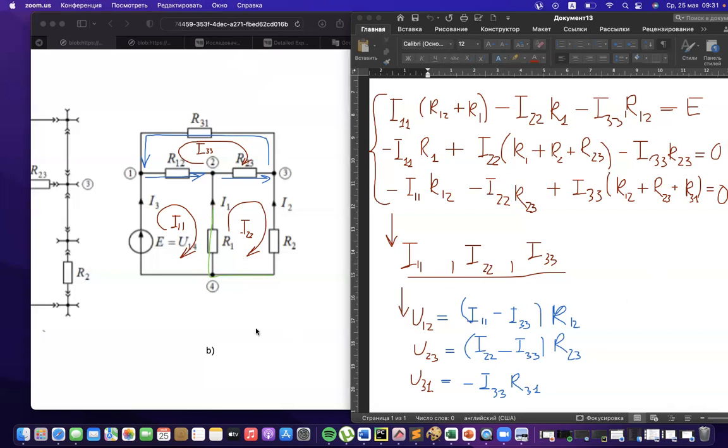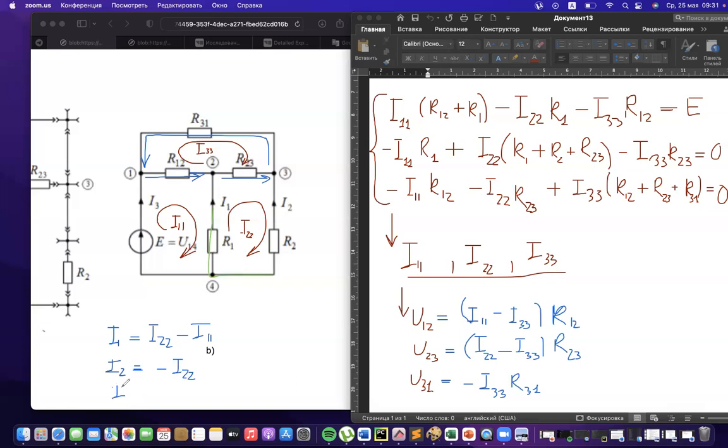The same for currents. You could get current I1 as I22 minus I11. Current I2 as opposite value to the current I22.